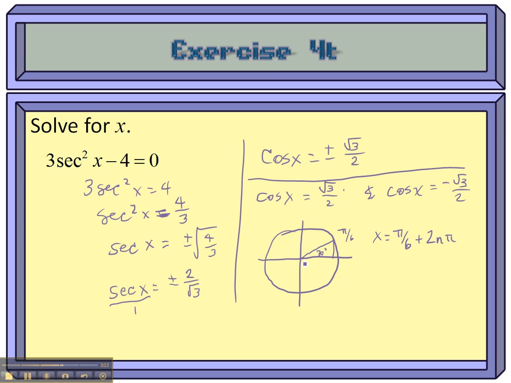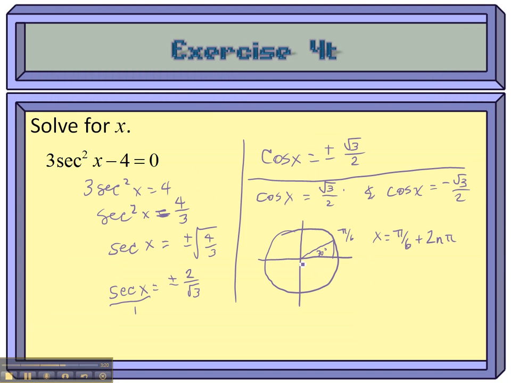Cosine has the same value down in quadrant 4, which is 330 degrees, or 11 pi over 6. Take all its coterminals. Okay, so all of these solutions for that part of the equation.